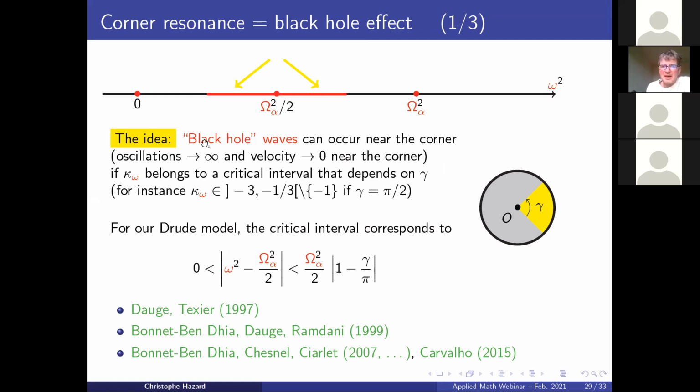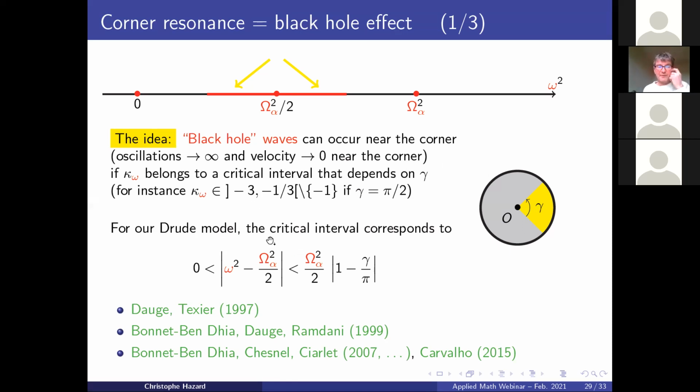And these black hole waves can occur if kappa omega belongs to a critical interval that only depends on the angle of the corner. And I give here the case of a right angle. In that case, the critical interval is the interval -3, -1/3 without the critical value -1.